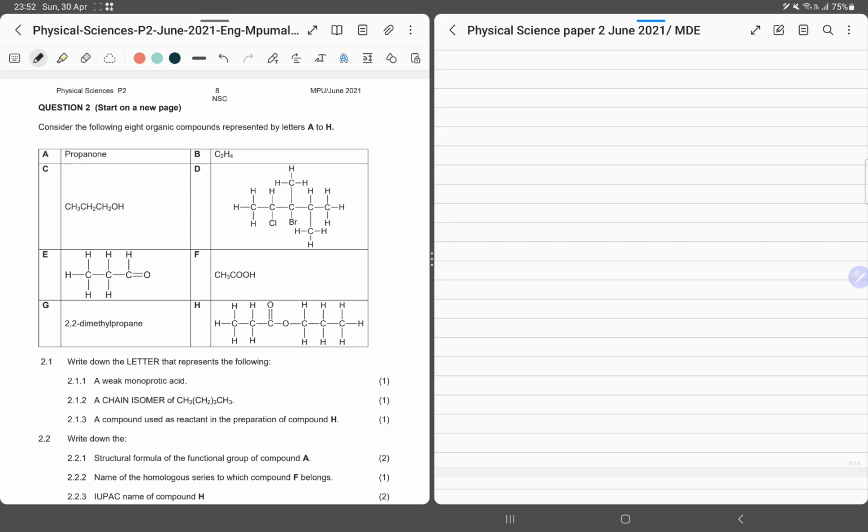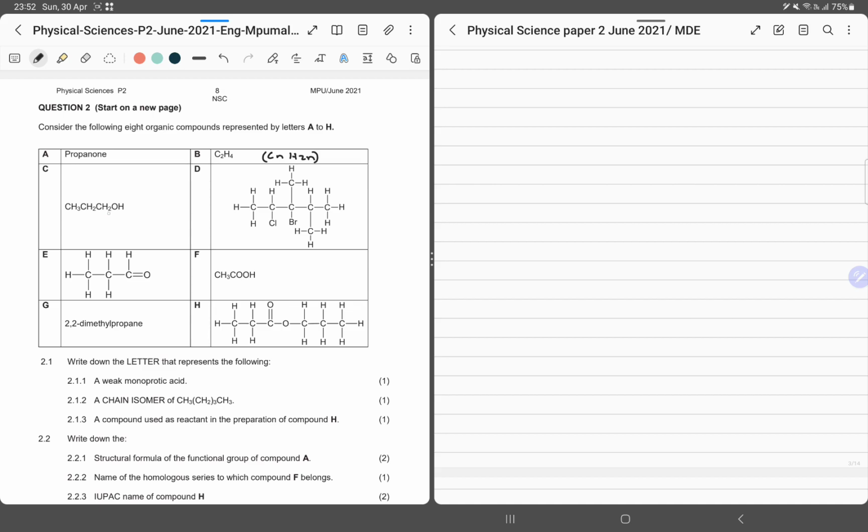Okay, so question 2 says, consider the following 8 organic compounds represented by letters A to H. We can see propanone, it's basically a ketone. And then we've got C2H4. This follows the formula CnH2n, so that's an alkene.